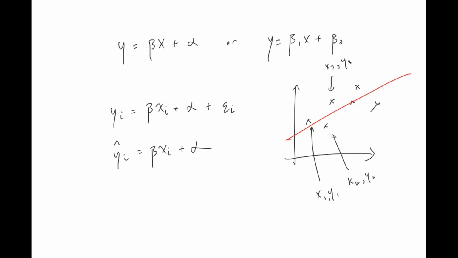And so to get to the x, I have to add the error term corresponding to that data point. Plus epsilon i, now I am at yi. So the difference between yi and yi hat is that this is your actual point, and this is your fitted point. So the hat refers to the fit. This is actual, and this is the fit.